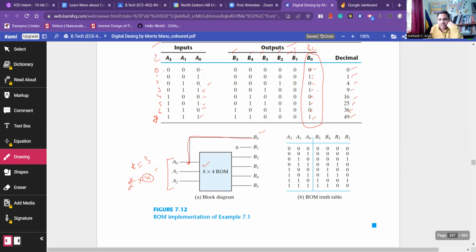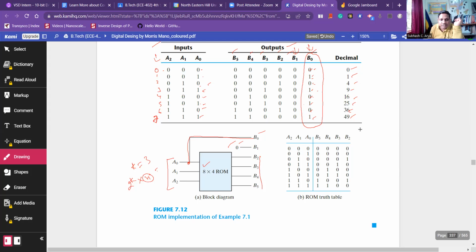Yes. If we see B1, all bits are 0, so there is no need to do anything again. Just give 0 in the place of B1. So now only 4 outputs remain which need some processing, some AND and OR operations.